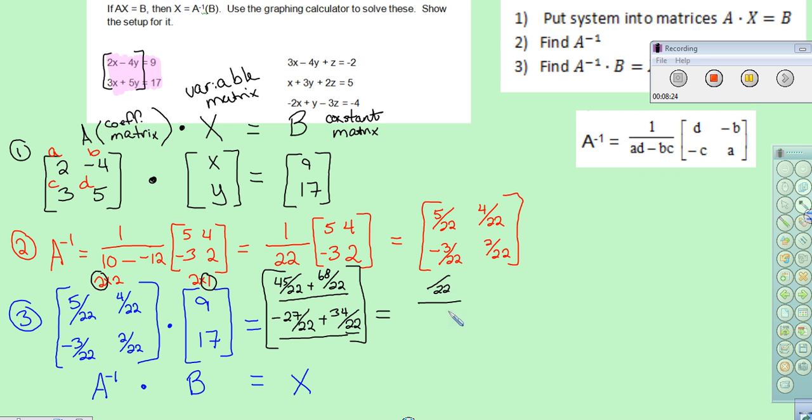We know our denominator is 22 on both of them, so we can put that in, and all we have to do is add our numerators. So we have 45 plus 68, and that is equal to 113. And on the bottom we have 34 plus a negative 27, and we get 7.